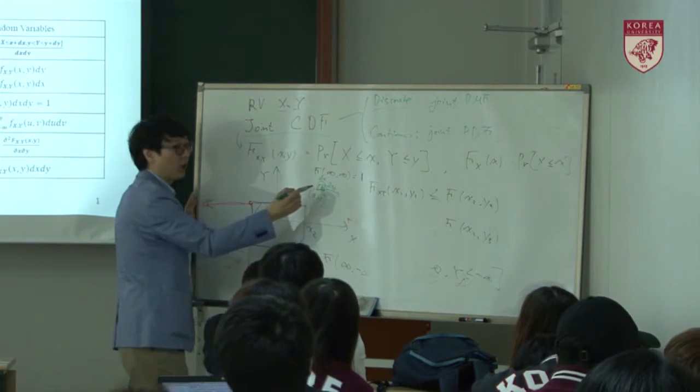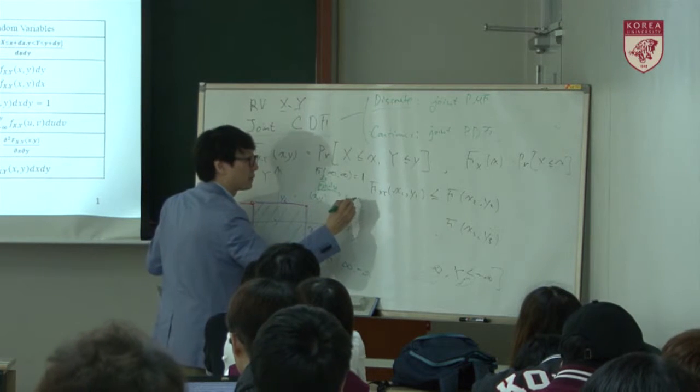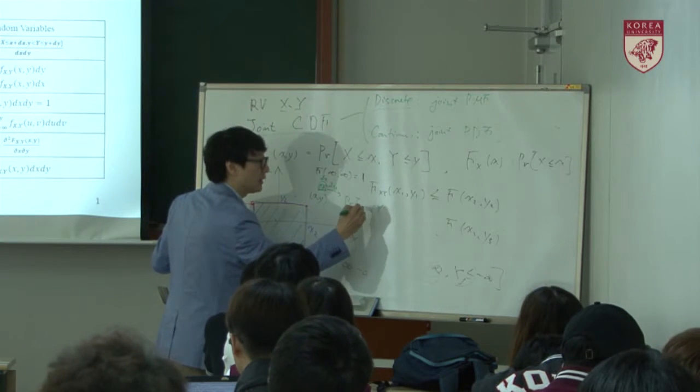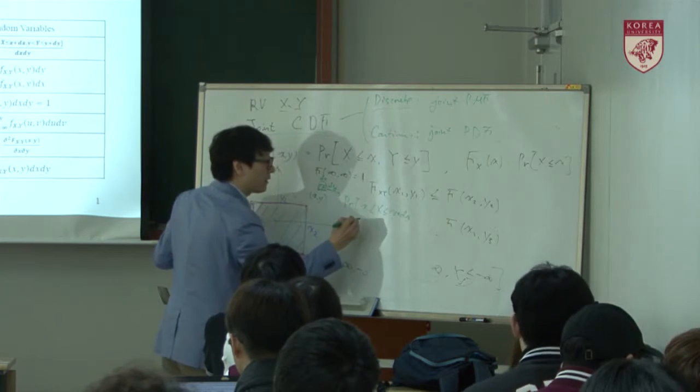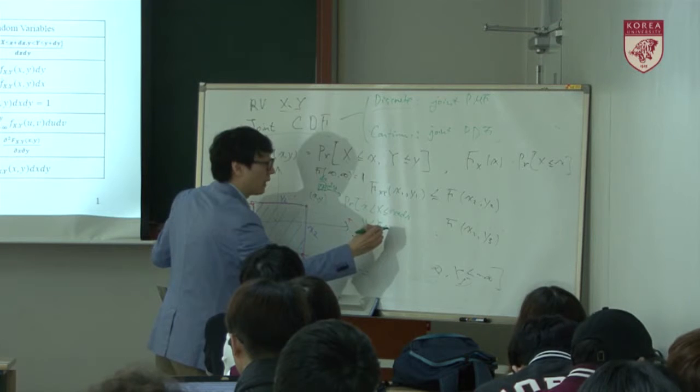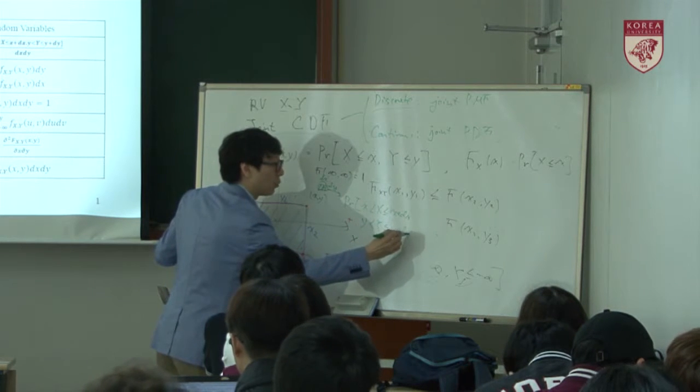The probability on this small area is the probability that X is between x and x plus dx, and Y is between y and y plus dy.